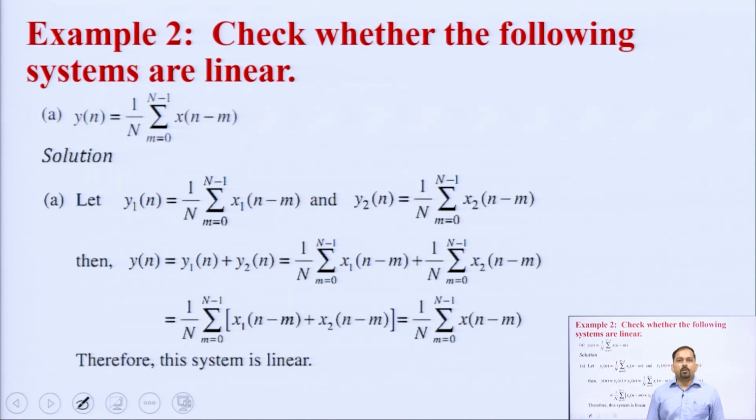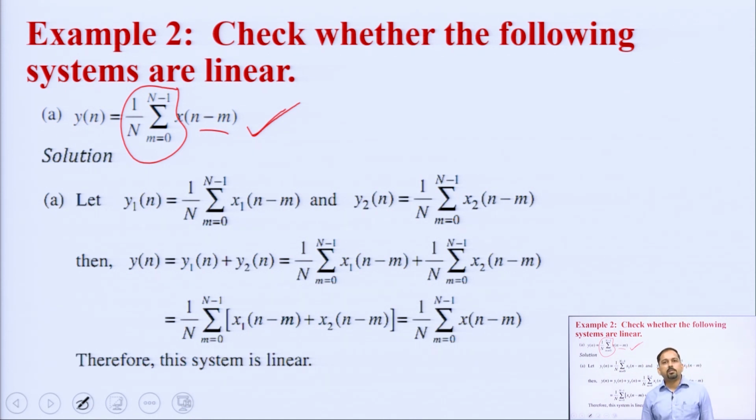Next, this is a bit advanced type of problem based on linearity, because by seeing this particular case, what the system is performing is quite important here. The system is basically averaging and shifting the input signals.